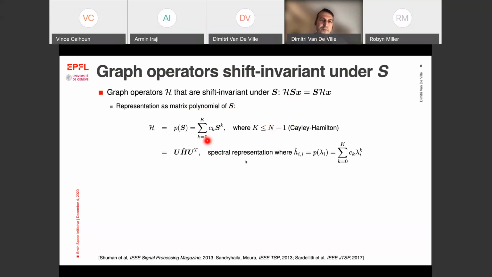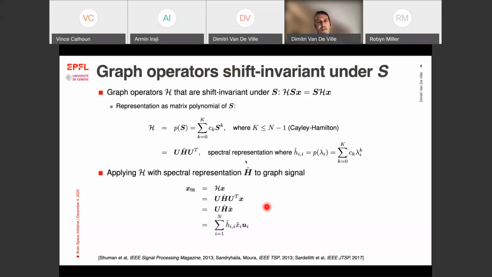In essence, it means that any graph operator H that is shift invariant under S can always be written in a spectral representation where, in the spectral domain defined by the graph shift operator, it reverts to a simple weighting of the spectral coefficients of your graph signal.